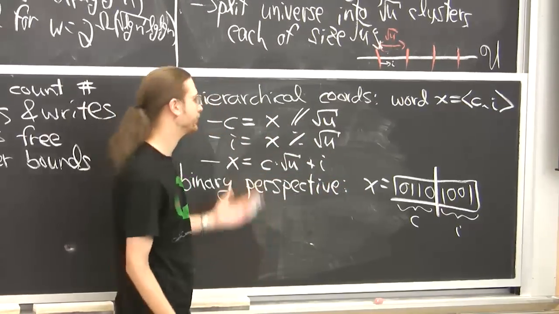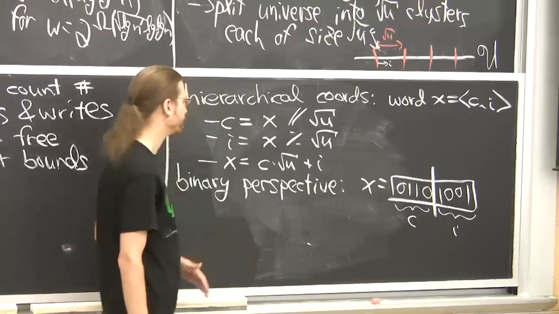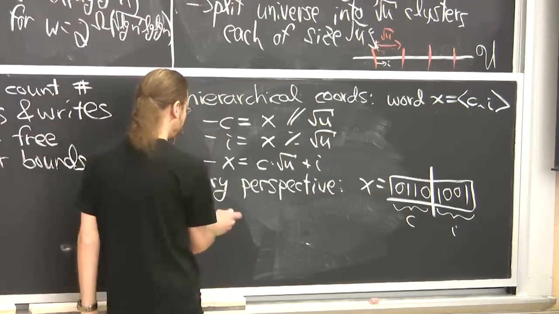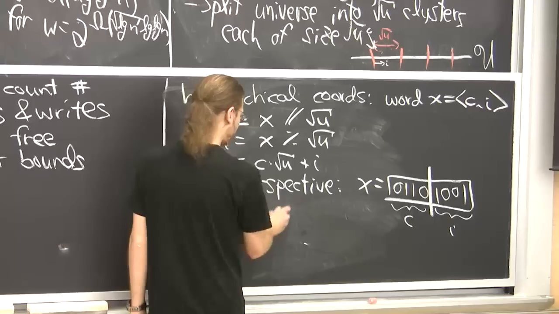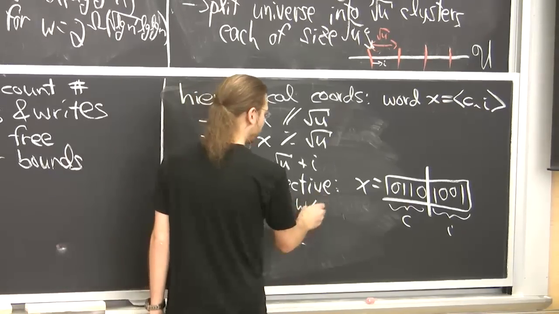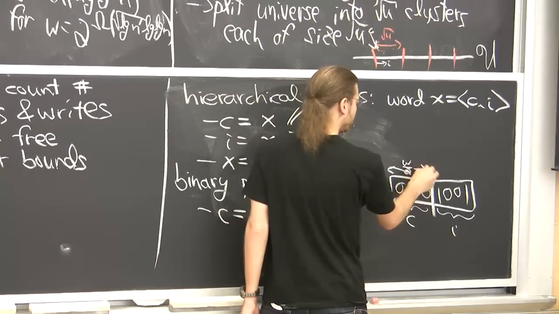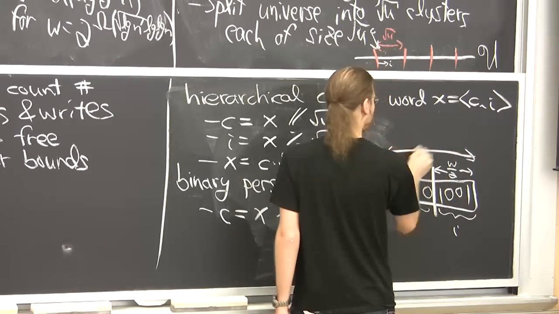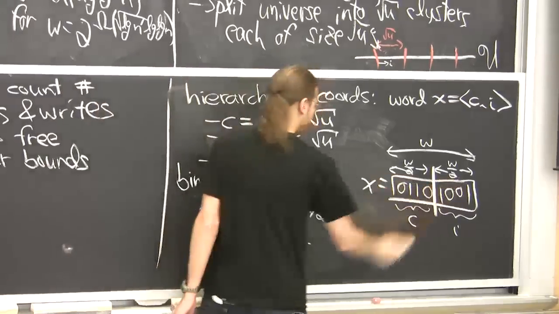If it's not a power of 2, you've got to round a little bit here. It doesn't matter, but you can use this definition instead of this one, either way. So in this case, c is x shifted right by w over 2, basically. The whole thing is w bits, so if I shift right, I get rid of the low order bits.